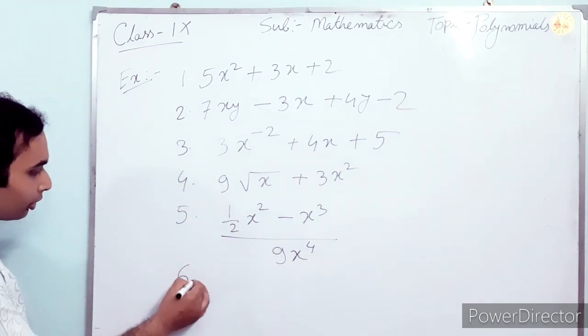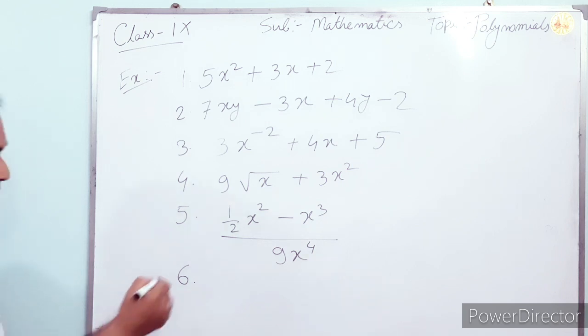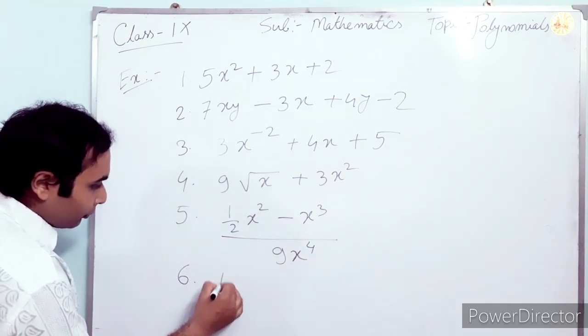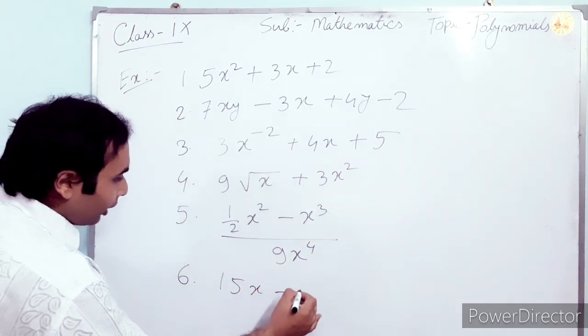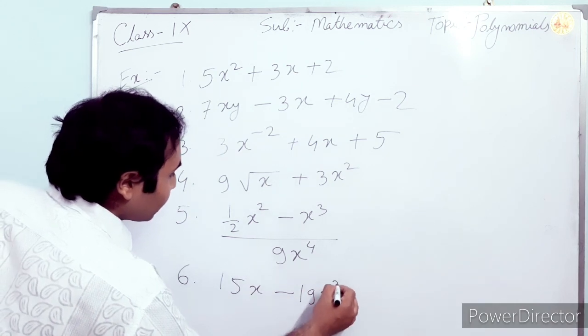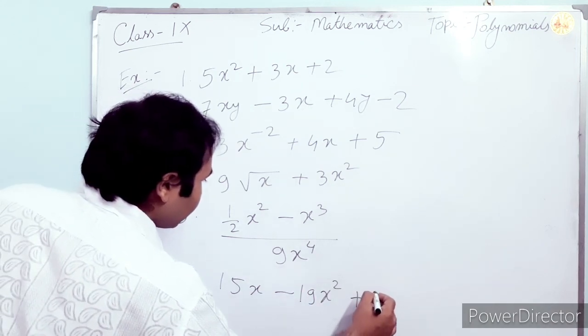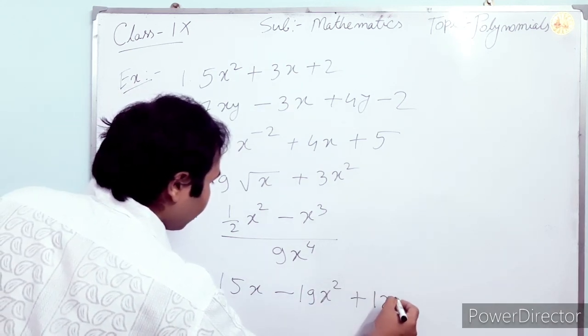And number 6, 15x minus 19x square plus 12.